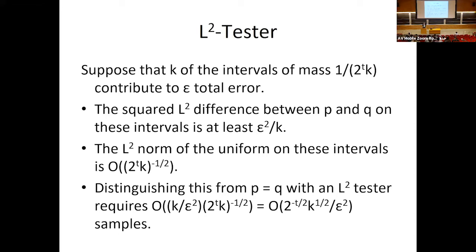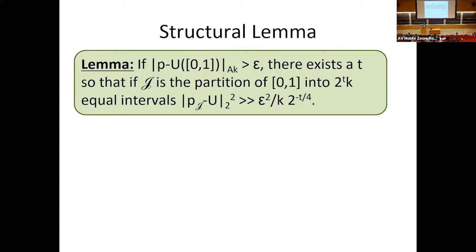Now, this intuition by itself isn't really a proof, because I sort of had to assume that all of my discrepancy was located on intervals of just a given scale that I could then detect with a partition of that particular scale. But it turns out that there always is a scale that you can use.